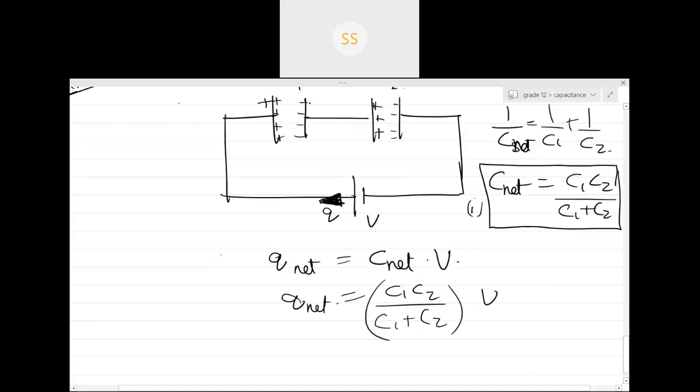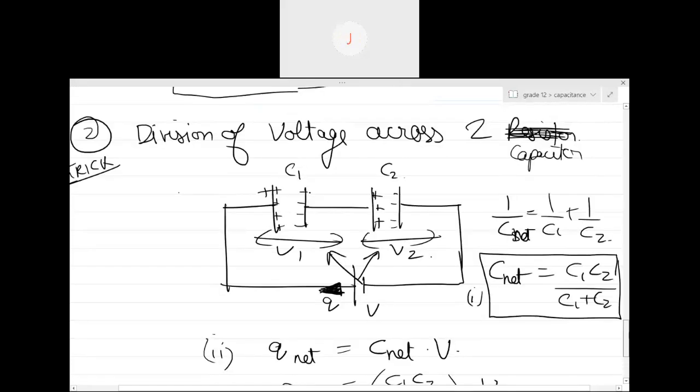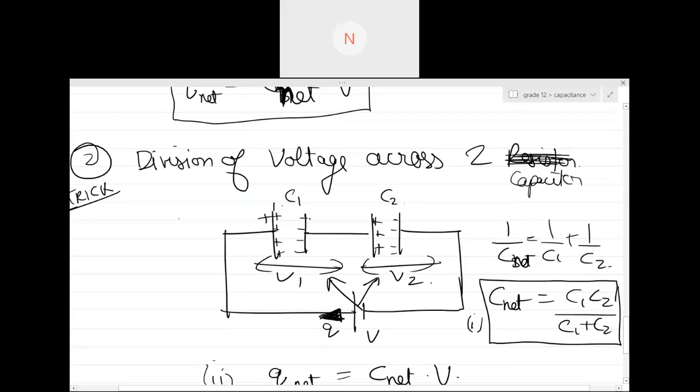Yes or no? Yes, sir. So can anyone tell me what will be the potential difference across this capacitor V1 and across this capacitor V2? Can you see this V was basically dividing into V1 and V2? What will be the charge on C1? This C1 will be plus Q, minus Q on the plates.